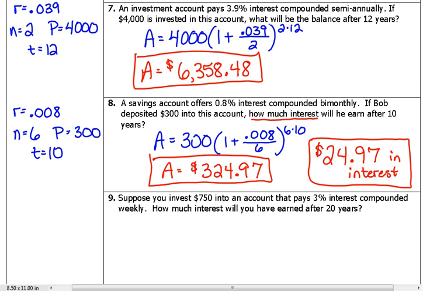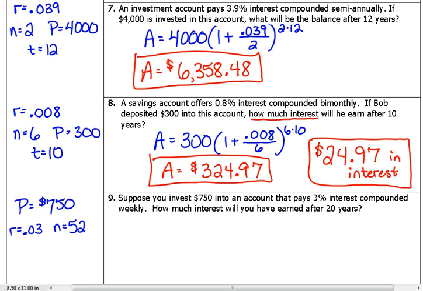Okay, number 9. Suppose you invest $750. Invest, that means principal, $750. Into an account that pays 3% interest, so R is 0.03, compounded weekly. How many weeks are in a year? 52. 52 weeks in a year.